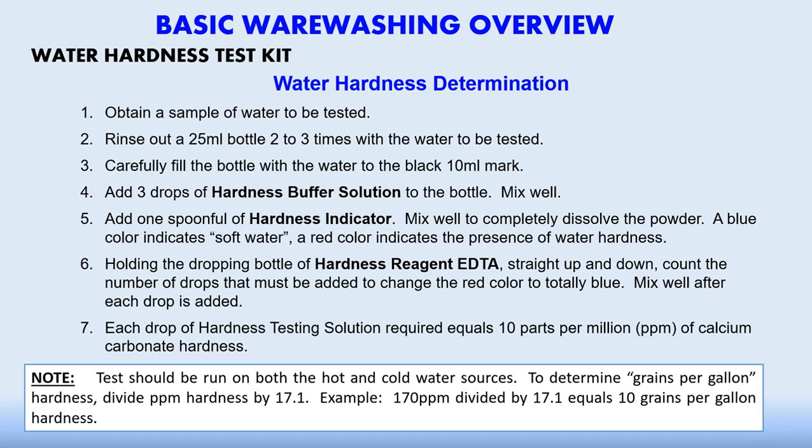You would take that number, divide it by 17.1, and you would get your grains of hardness per gallon of water. Make sure that you conduct this on each one of your customers and make note of it on your route cards.